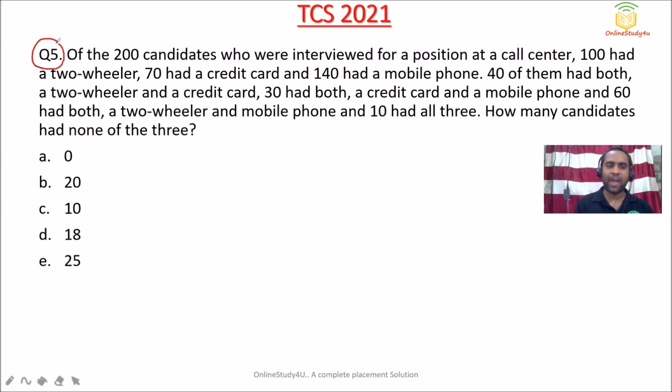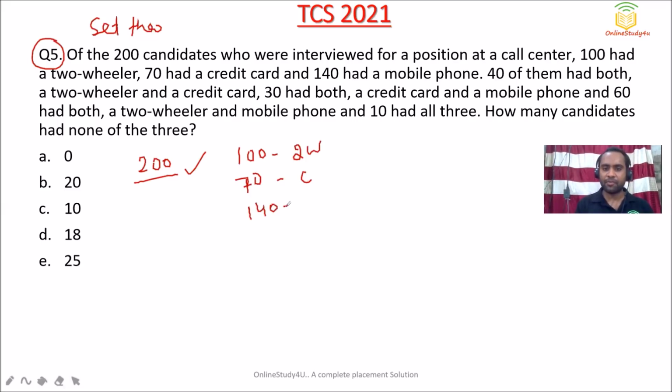Now, friends, question number 5 is from set theory. Of the 200 candidates who were interviewed for a position at a call center, 100 had two-wheelers, 70 had credit cards and 140 had mobile phones.